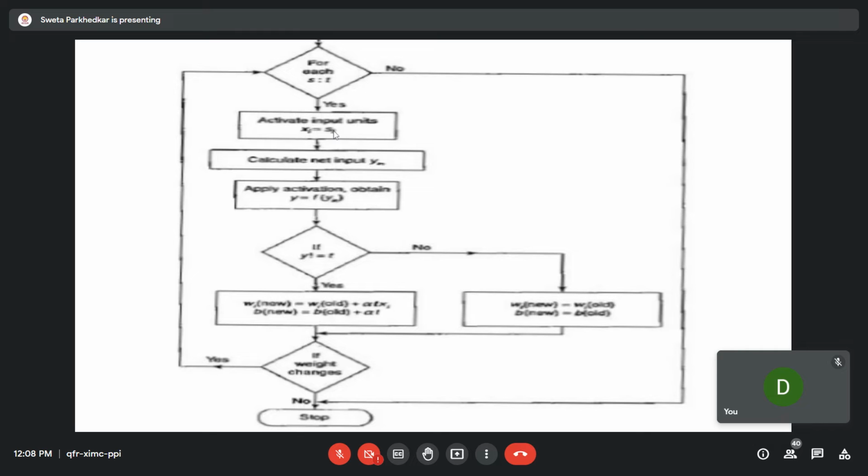After calculation of the net input, it will again apply the activation function, y equals f of y_in.